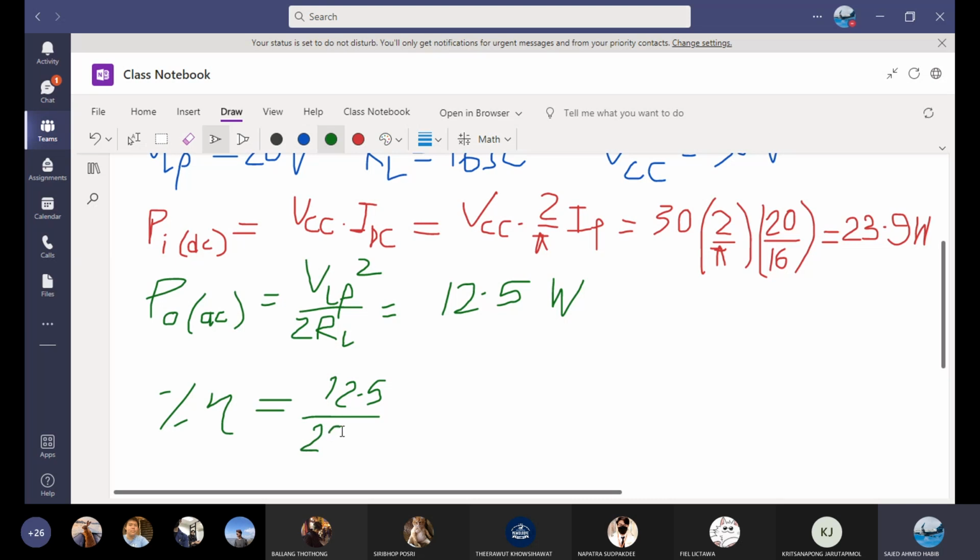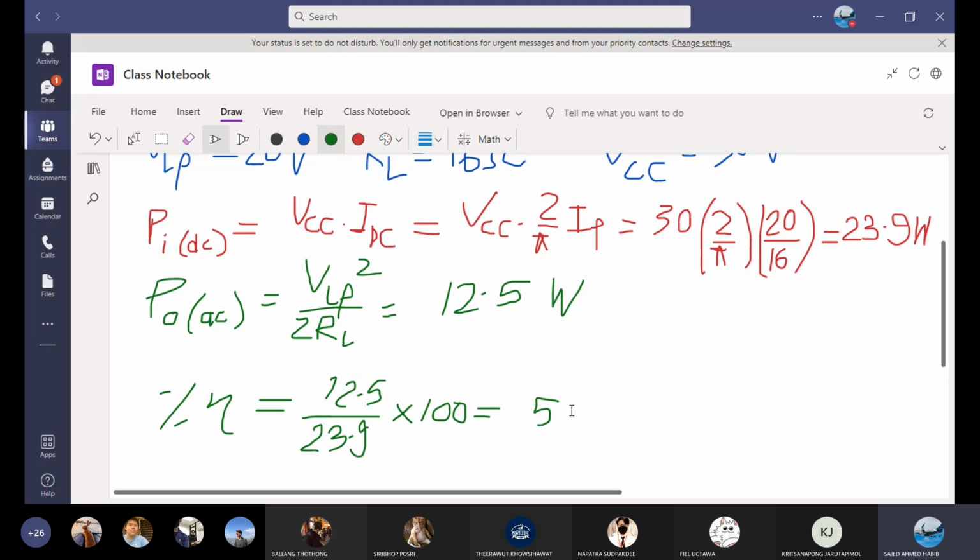23.9 is almost 24, and then you can see 12.5 is just over 50% of it. 23.9, and then multiply by 100. If you take this equation, it comes to 52.3%.